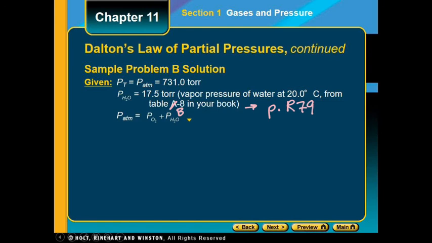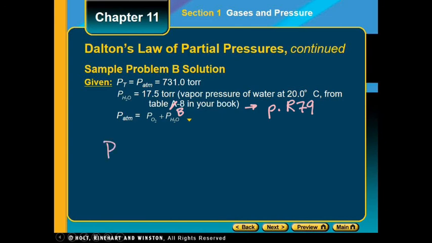Atmospheric pressure is the pressure of the gas, the gas we're looking at is oxygen, plus the partial pressure of water. Again, that's the water vapor that'll be collected on top. Have that table handy as we go through and put in some values. By the way, this is the equation that we're starting with, but it wants us to solve for the partial pressure of oxygen.